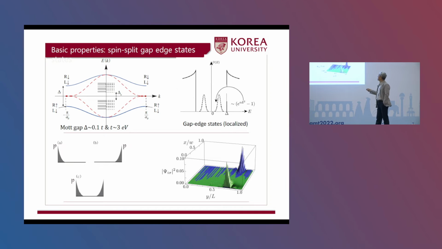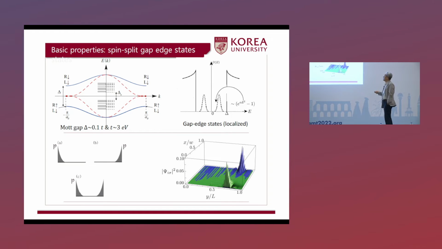The results are shown here with the dashed lines. We see that there are many degenerate states near energy zero. They represent edge modes. These modes are localized on zigzag edges.